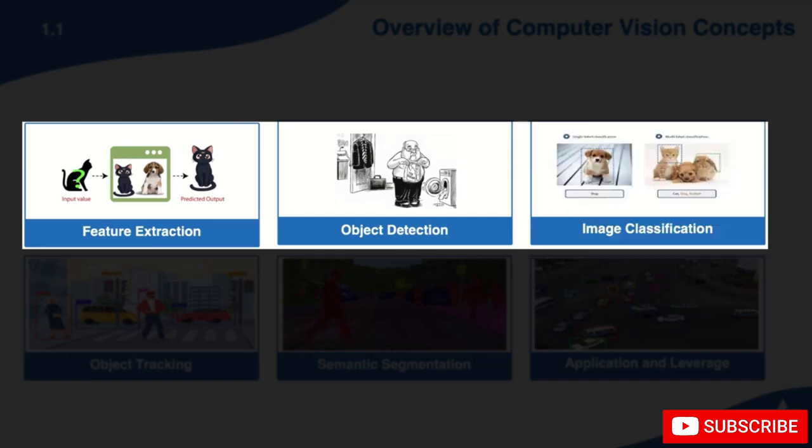Image classification. Here we use a machine learning model. It involves categorizing entire images into predefined classes or categories. Convolutional neural networks, which are a specialized class of deep learning models designed explicitly for image-related tasks, excel in finding patterns and making highly accurate image classifications.